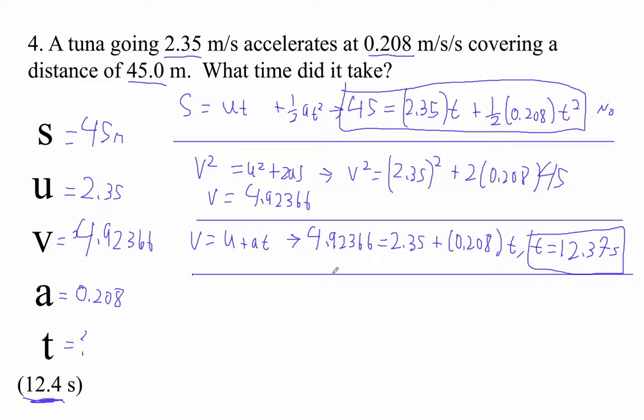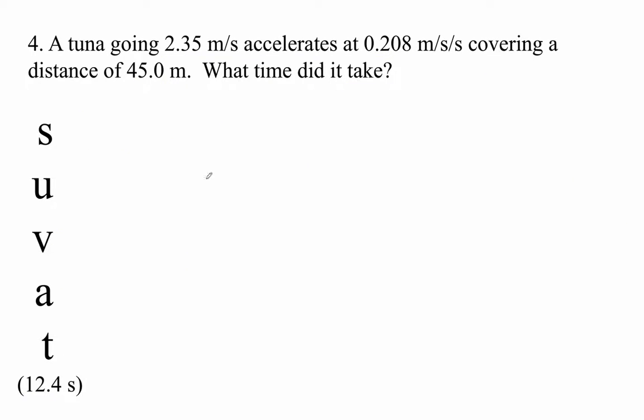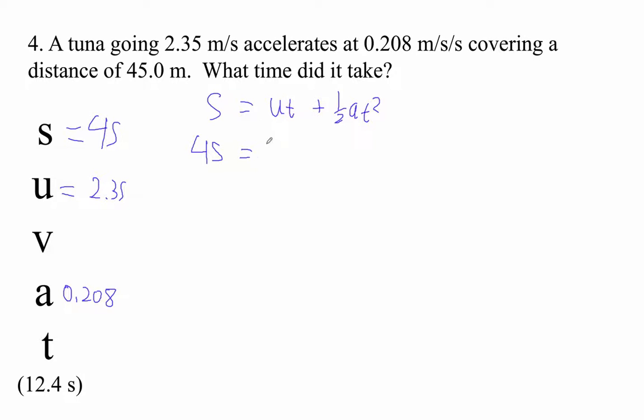What would happen? So I'm going to just erase all this and go do the quadratic equation. So this is 45. The initial velocity is 2.35. Acceleration is 0.208. Right, and we want to find time, and we don't want to do 2 steps. We feel like we're not afraid of the quadratic equation. So we plug the numbers into s is ut plus 1/2 at squared, right? And we go 45 equals 2.35 t plus 1/2 0.208 t squared, right?